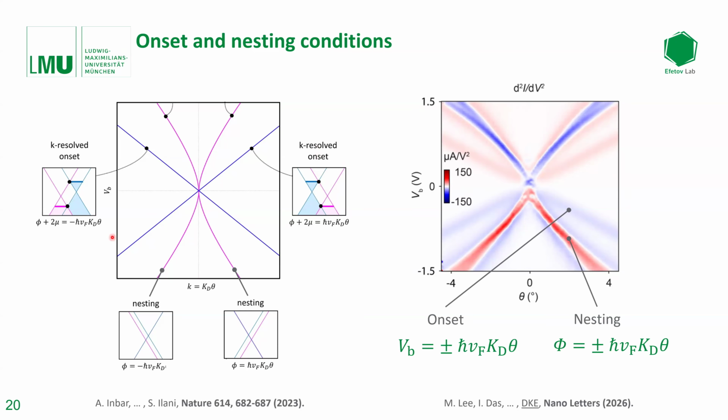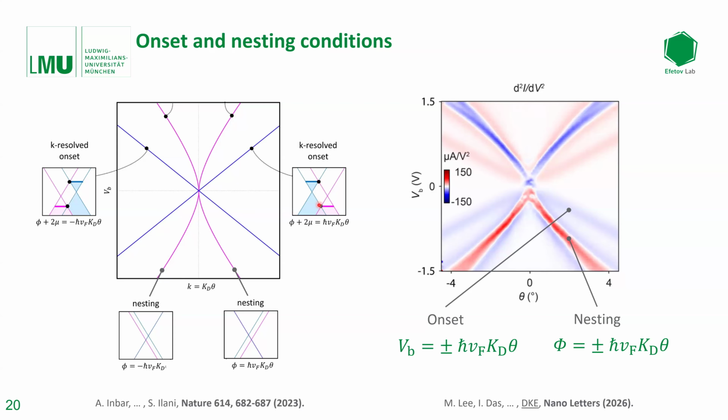So the first process is the onset condition. And the onset condition, as you can see here, was worked out by the first paper of Shah-Lalani. It is a condition where the top and bottom layer Fermi energies are exactly of the same value, and at the same time you find exactly the same K momentum vector that the electrons can tunnel into.